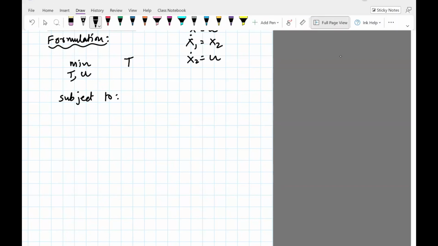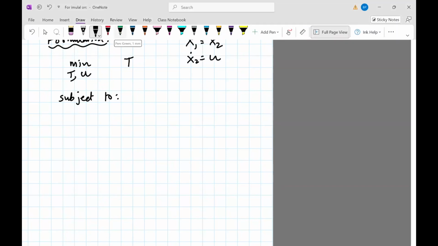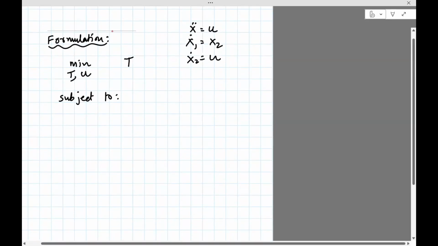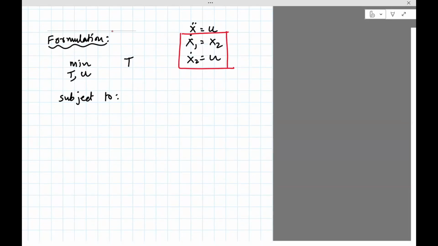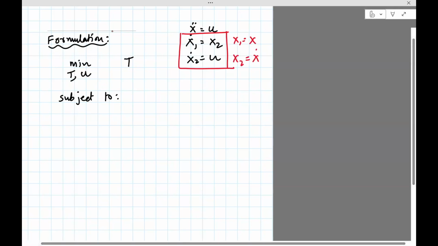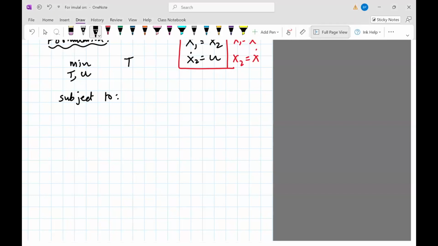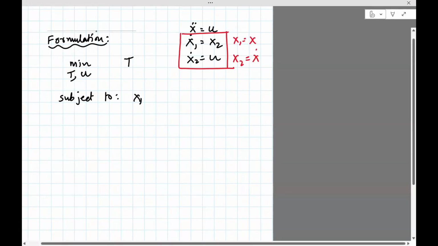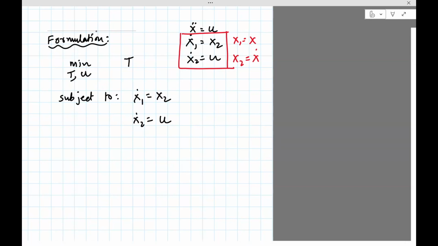So this is just breaking down one second order equation into two first order equations. x1 is x, x2 is the velocity. So we can write x1 dot equals x2, x2 dot equals u.